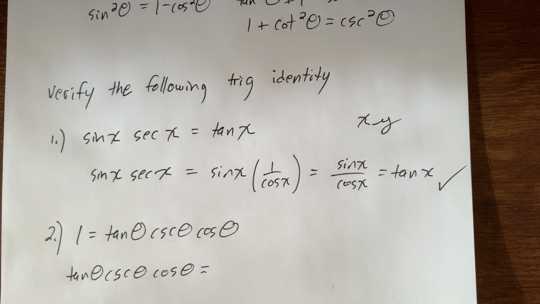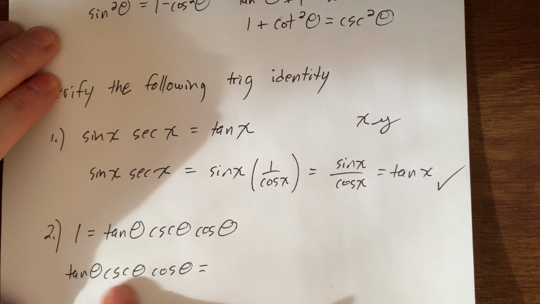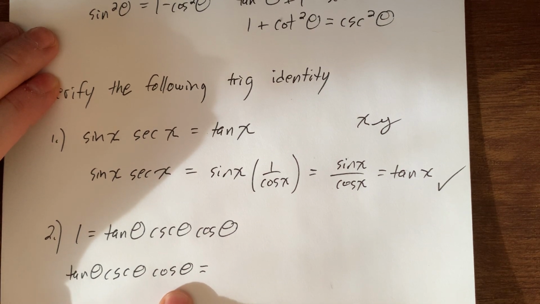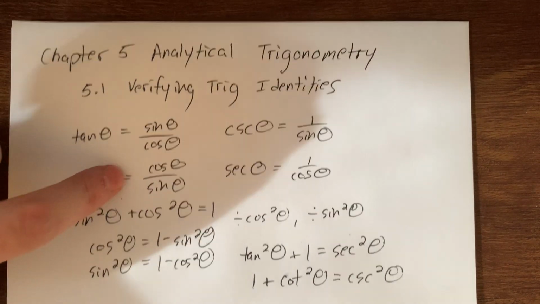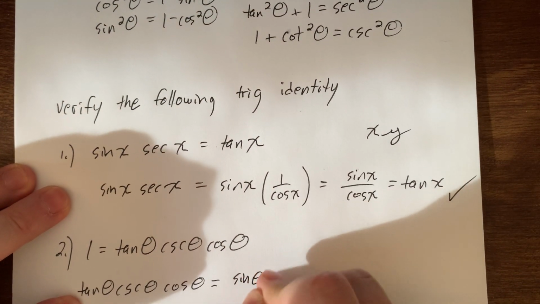There's no set in stone rules as far as how to proceed through these problems, and we'll see in a couple of the more difficult ones, we can take some different approaches and still get the right answer, still have a good valid proof of the identity. It's just about, again, doing what you can. So, in this one, there's really nothing I can do the way this is written. My only real good option is to think about the sines and the cosines. So that tangent, well, that's sine over cosine.